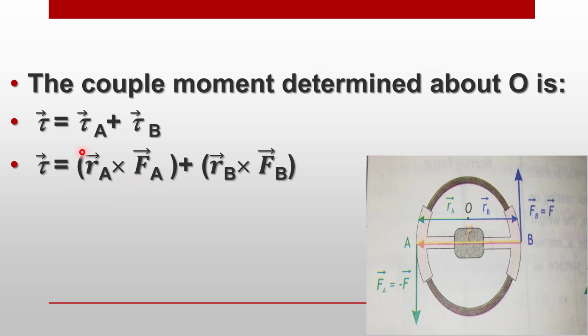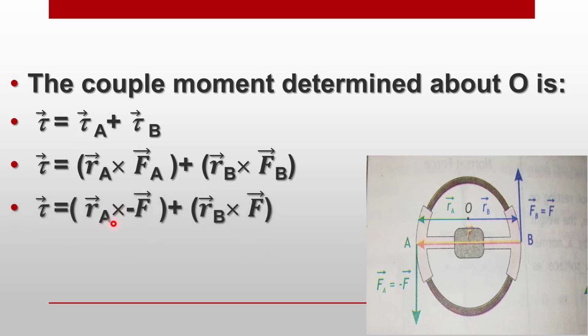Tau is equal to RA cross FA plus RB cross FB. We know the values of FA and FB, so tau is equal to RA cross minus F plus RB cross F.